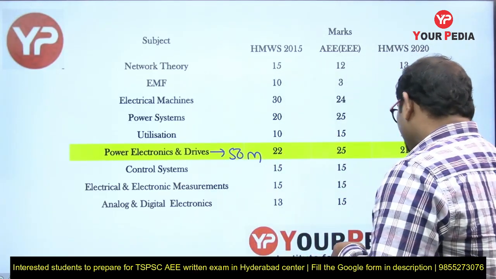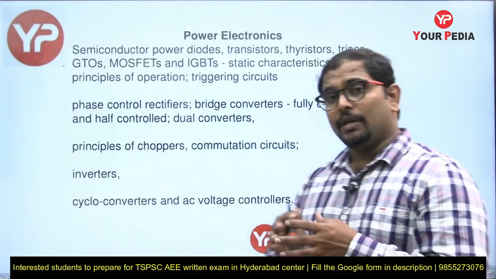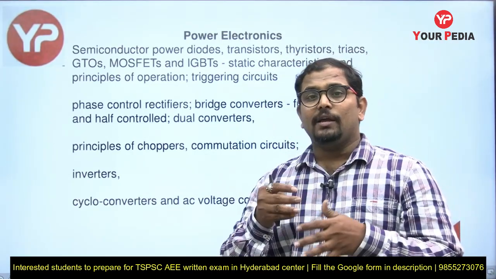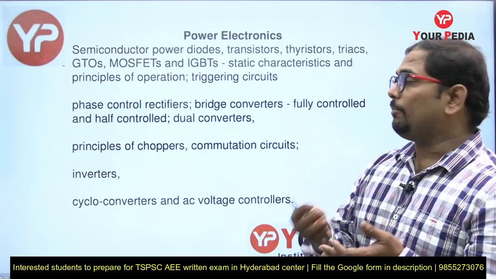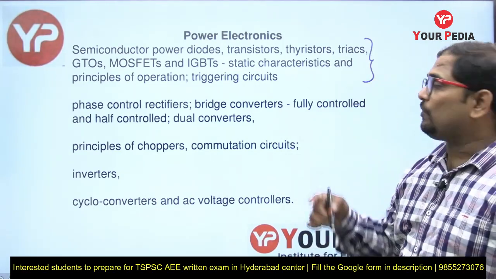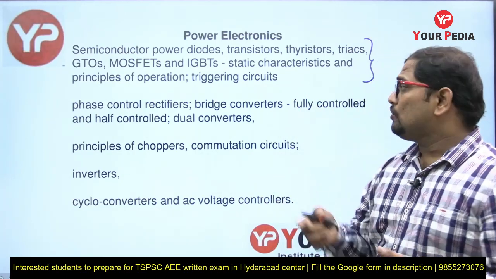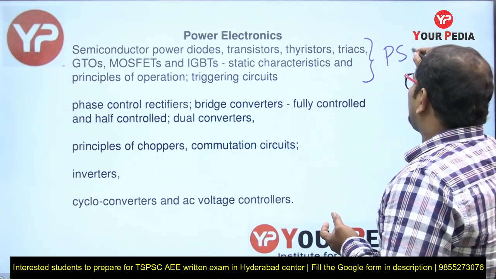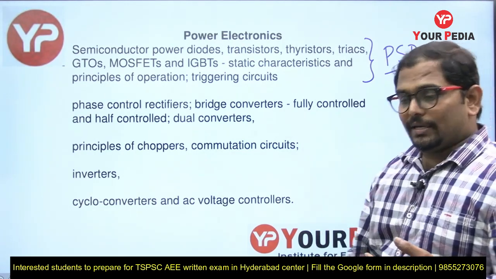Now let's move to the syllabus discussion. This entire power electronics subject is divided into 5 micro modules. The first chapter, or micro module, is power semiconductor devices.